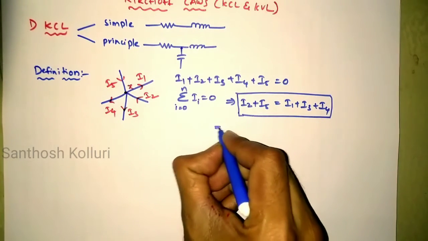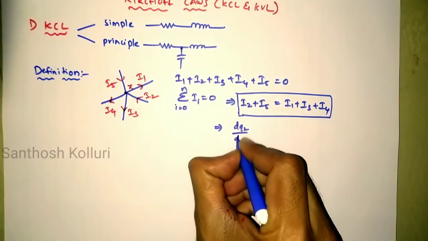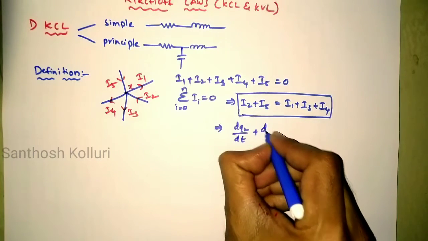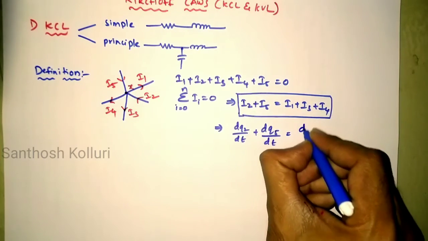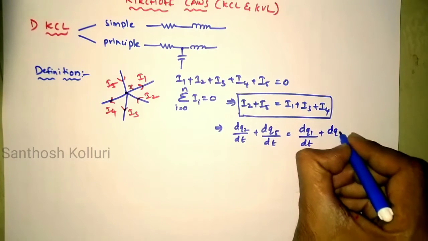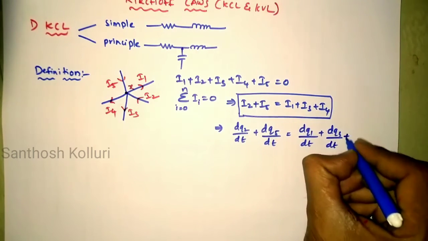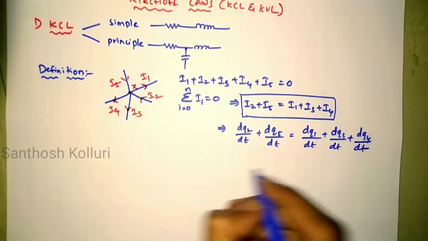This can be written with current as the rate of change of charge with respect to time: dq2 by dt plus dq5 by dt is equal to dq1 by dt plus dq3 by dt plus dq4 by dt.